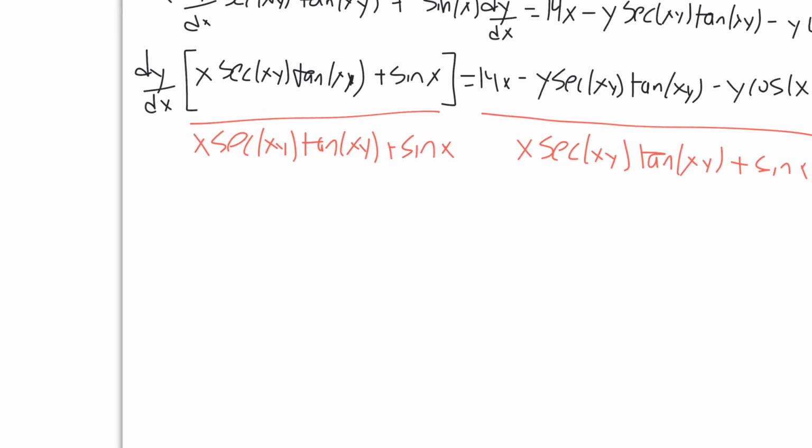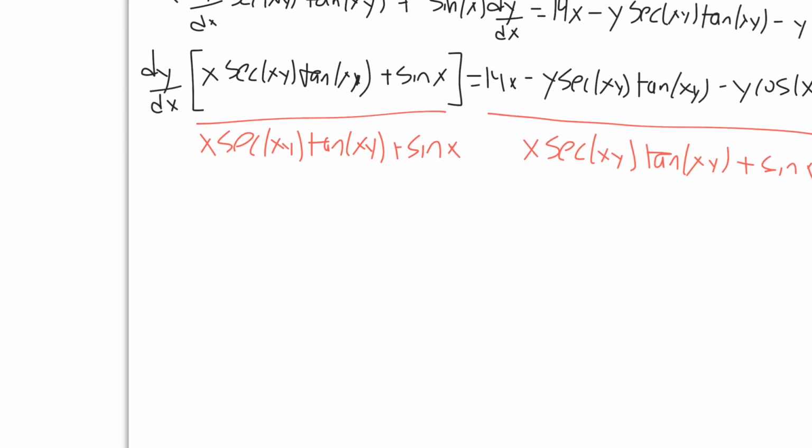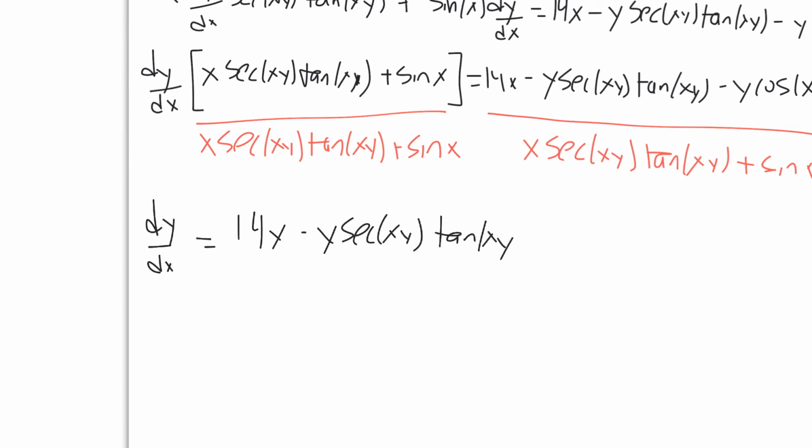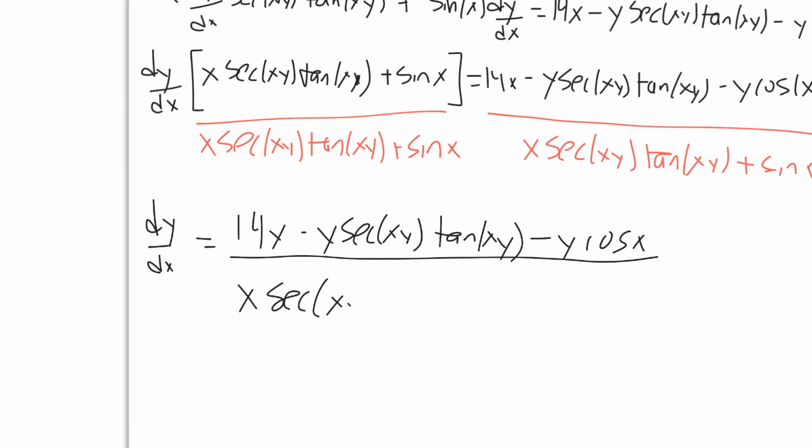So our final answer, drum roll please, dy/dx is equal to 14x minus y secant xy tan xy minus y cos x all over x secant xy tan xy plus sine x.